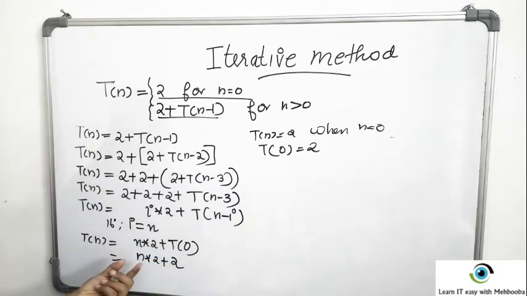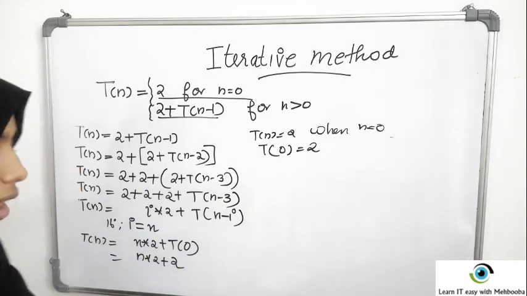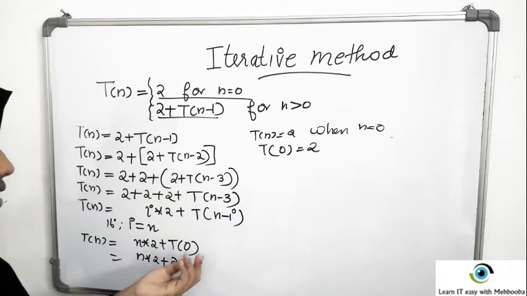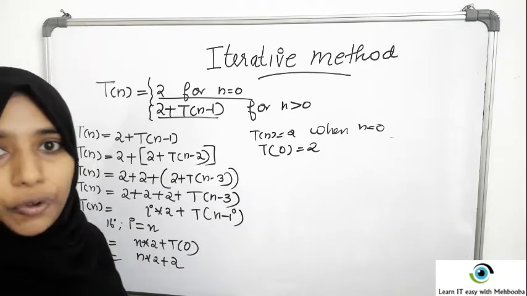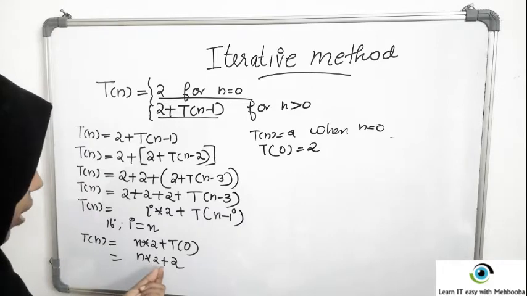So we got a relation that doesn't contain any term of t. Now we can simply solve it. Just like the frequency count that we used to get for iterative approaches, that is 2 plus n into 2.